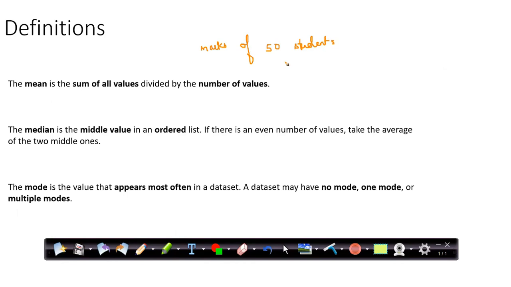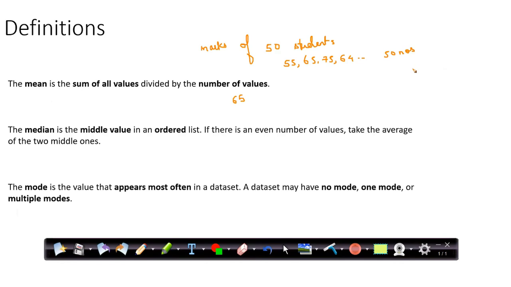The marks of the students could be 55, 65, 75, maybe 64, and so forth. Like these, I have 50 numbers and I need to find the mean. So I'll add up all of them and divide by 50. Let's say I get 65. So I can say that the average marks of the 50 students is 65.